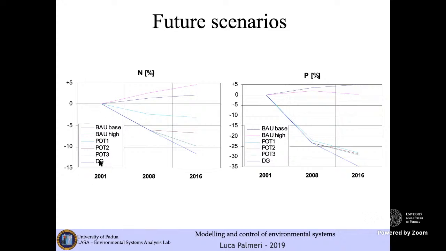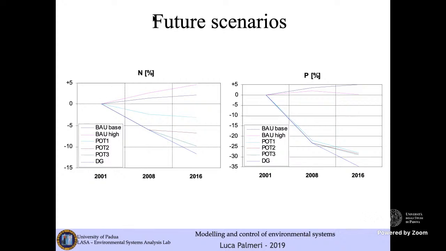So in the deep green scenario, we are very, very good. We implemented these scenarios by changing the basic input spreadsheet and evaluating the different nitrogen and phosphorus loads at the basin closure at Ponte Lago Scuro.